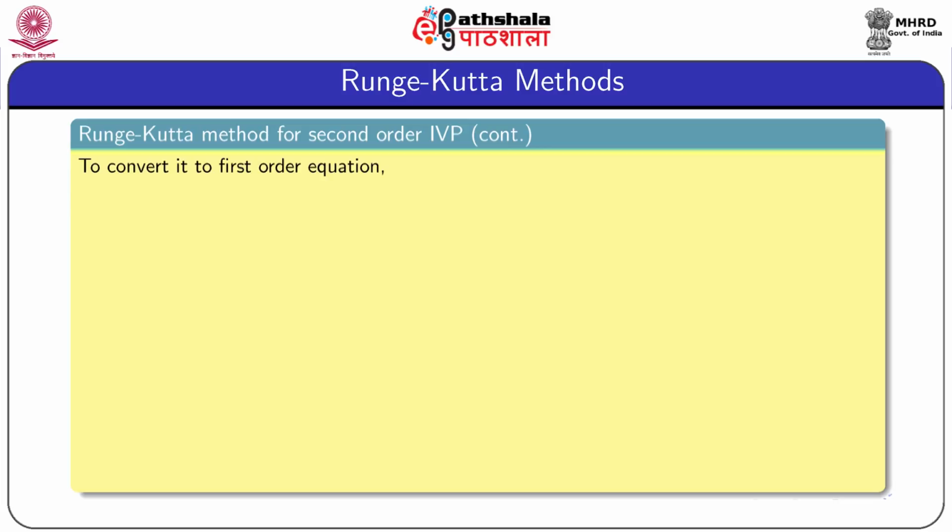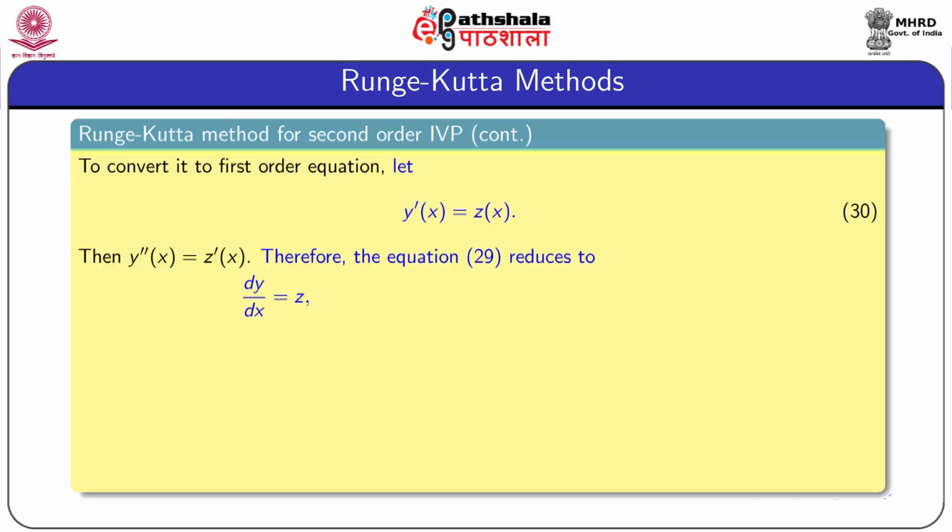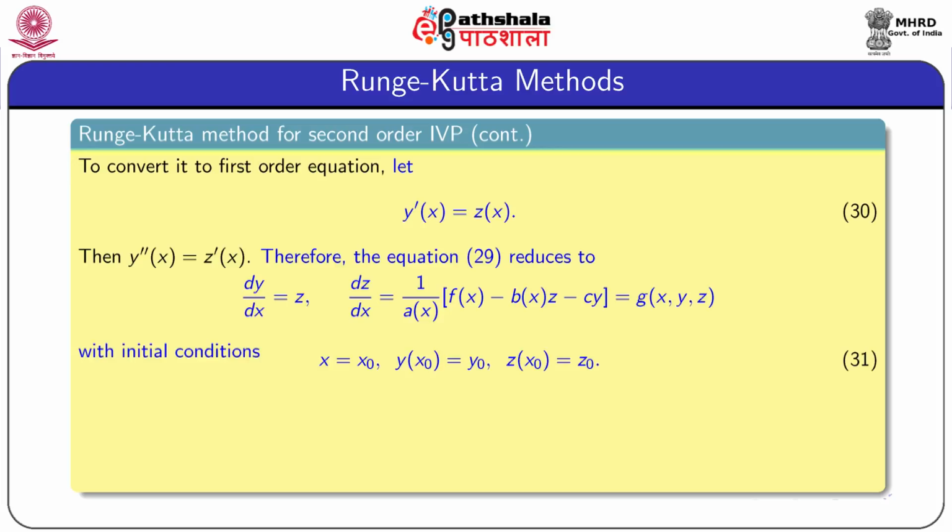This problem can be converted to two first order equations. For this purpose, let the first derivative of y at x be taken as z(x), that means dy/dx equal to z(x), then d2y/dx2 is equal to dz/dx, and using this notation equation 23, that means the given initial value problem, reduces to dy/dx equal to z, and the second equation becomes dz/dx equal to g of x, y, z with the initial conditions x equal to x0, y equal to y0 and z equal to z0.